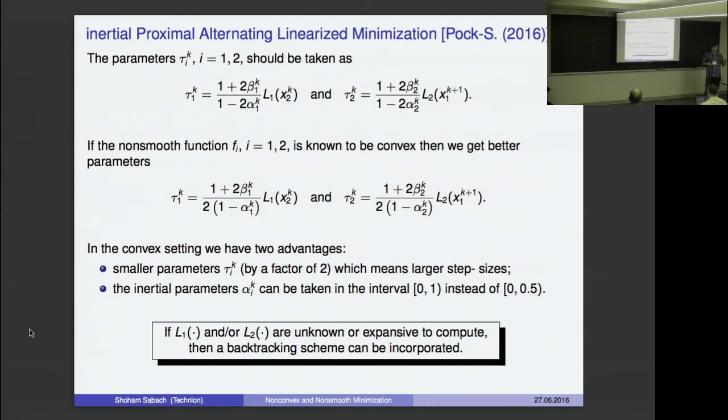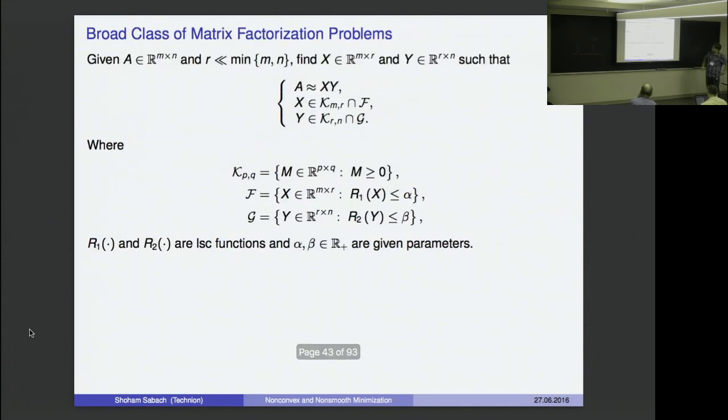I showed you the general framework, the general model, and the unifying algorithm. So let's discuss a few applications. The first application belongs to the class of matrix factorization problems. In this class of problems, suppose you are given a matrix A, which is of course assumed to be non-negative, and an integer r, which is usually much smaller than m and n.